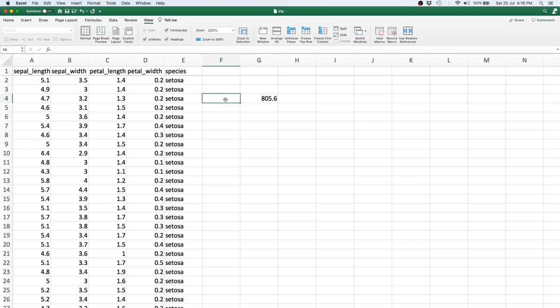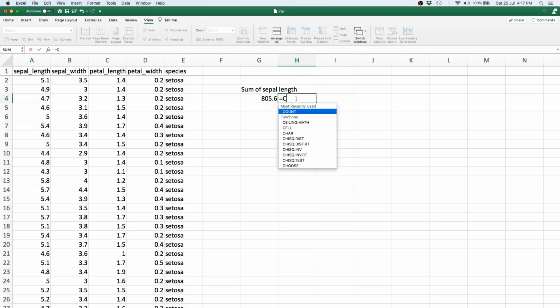Now that we know that this is the sum, let's call it sum of sepal length. Let's correct the typo. Now the next thing we need in order to find the mean is basically the count of this particular column. And that can easily be obtained by another formula which is called simply count.